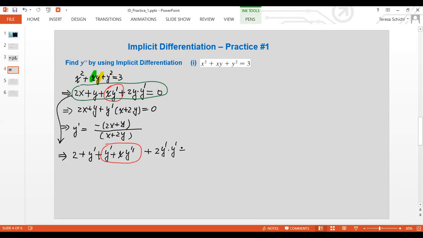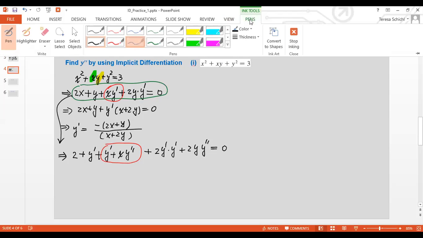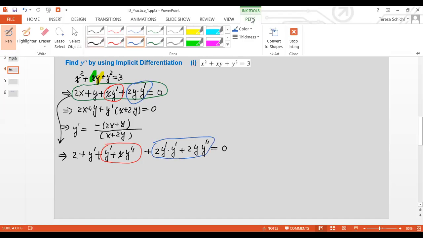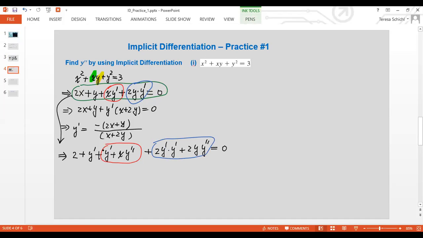Then plus you hold the first term y, then the derivative of y prime, which is y double prime here, right? So it's 0. So let me circle that so you know. So I'm color coding that. So these two terms come from here. So as long as you remember y is a function of x, you need to use the product rule, chain rule.